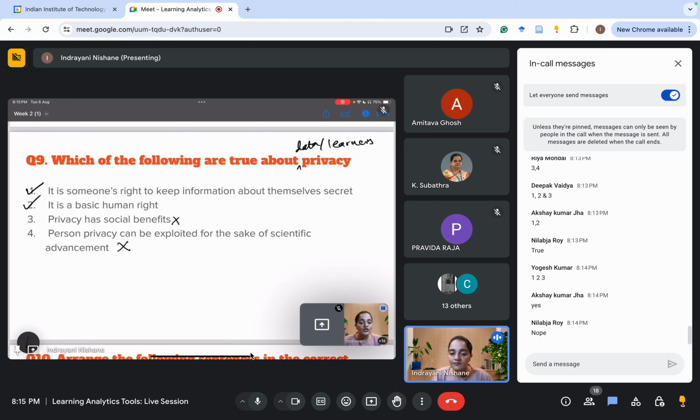We need to respect others' basic human right of data privacy, and we are not entitled to collect everything about everything. We need to tell our participants what information we want and what information we will be collecting, and we are supposed to collect only that information, and not anything and everything. So this option is also wrong. So only options 1 and 2 are correct.